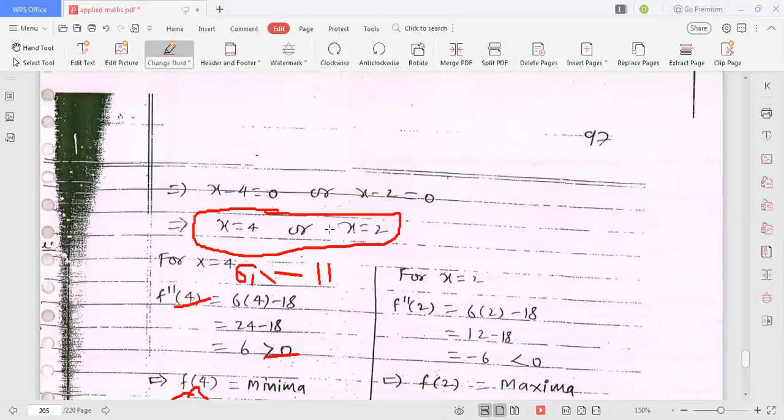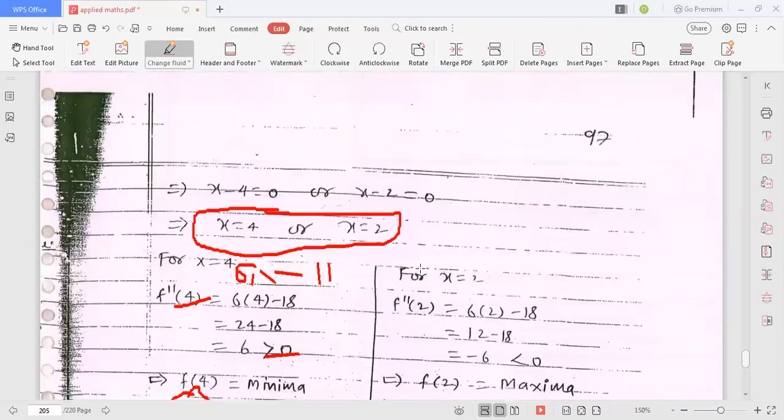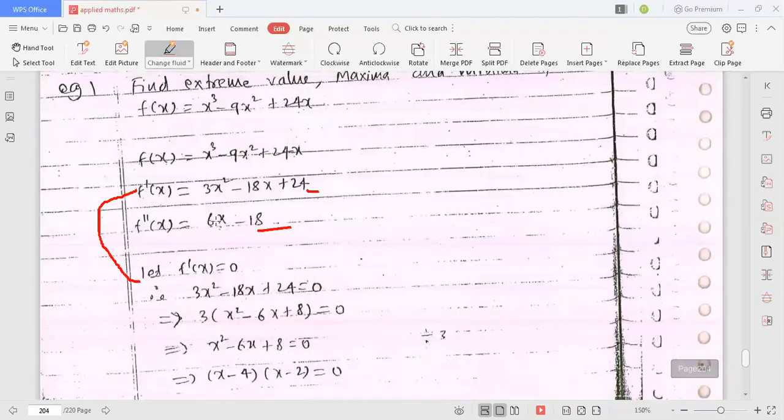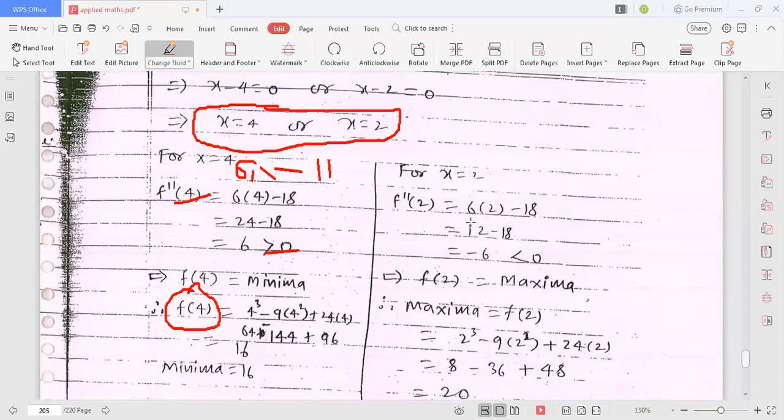Now as we have found x equal to 2 also, both of these are extreme values. Now we do a similar process for x equal to 2. First we substitute x equal to 2 in f double dash x. What is f double dash x? That is 6x minus 18. Substituting x equal to 2, we get 6 multiplied by 2 minus 18, which is minus 6.